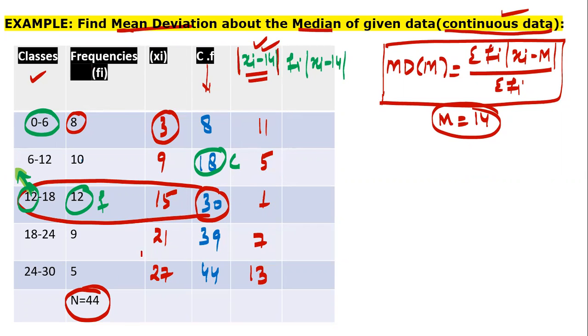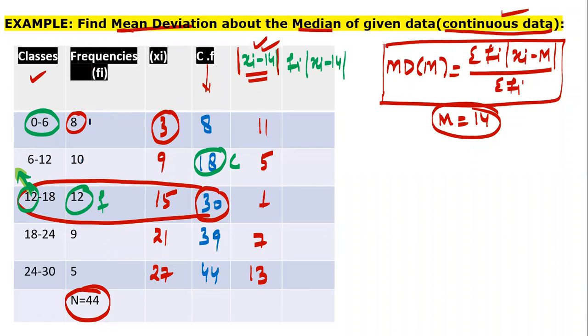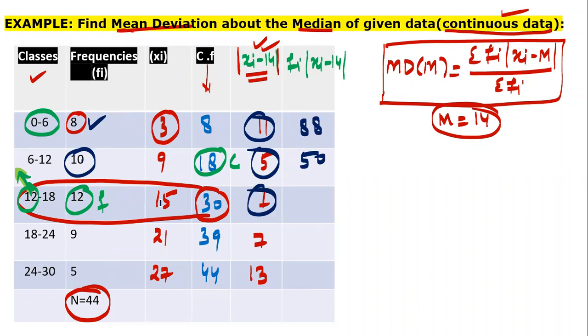The next column is where we will multiply them. We have to multiply these two: fi and this. 8 into 11, 88. 5 into 10. 1 into 12.